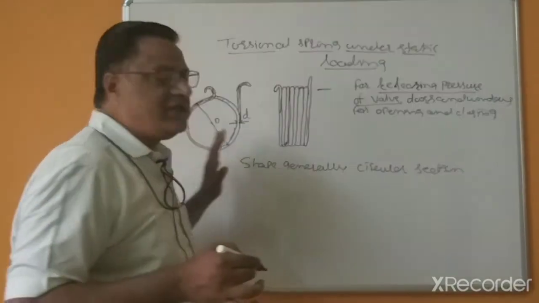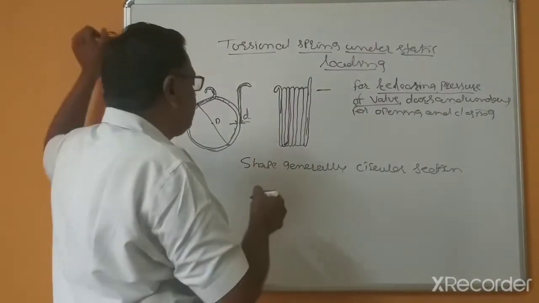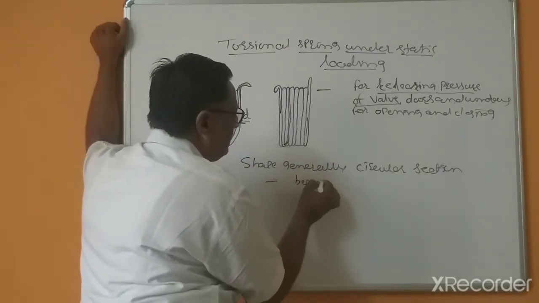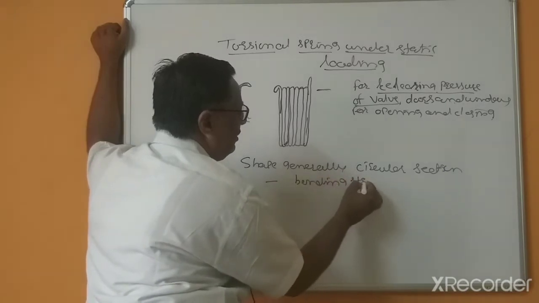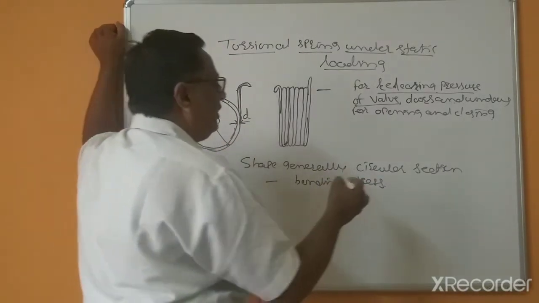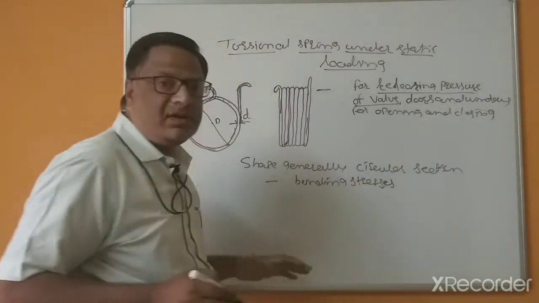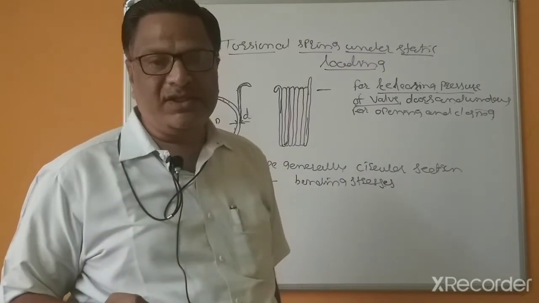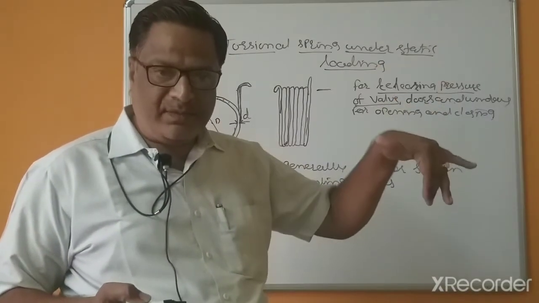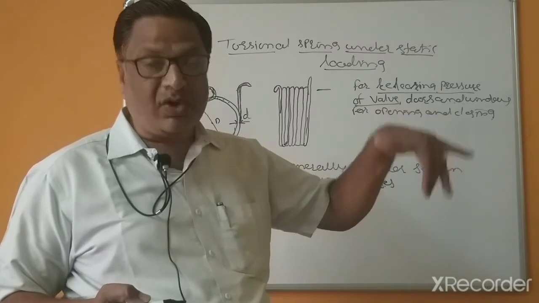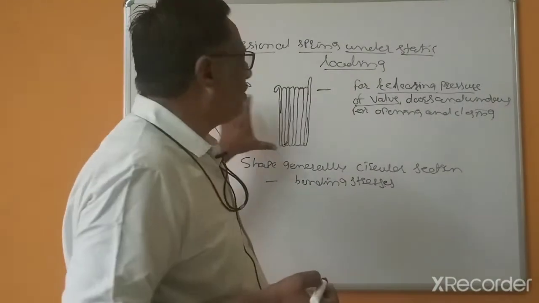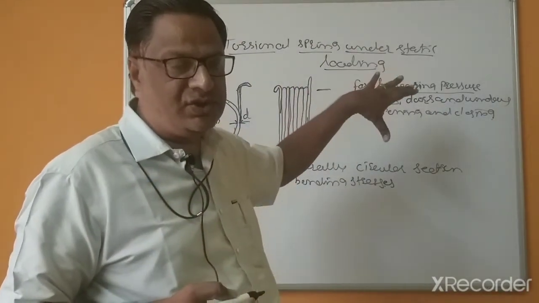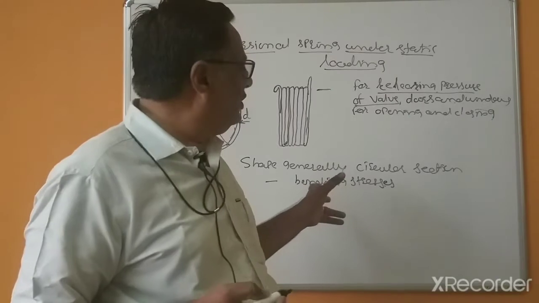torsional springs. The stresses induced in the torsional springs are bending stresses. In helical compression springs the stresses are direct stresses and torsional stresses, but in torsional springs, as the name itself indicates, torque is applied, and the stresses are bending stresses.